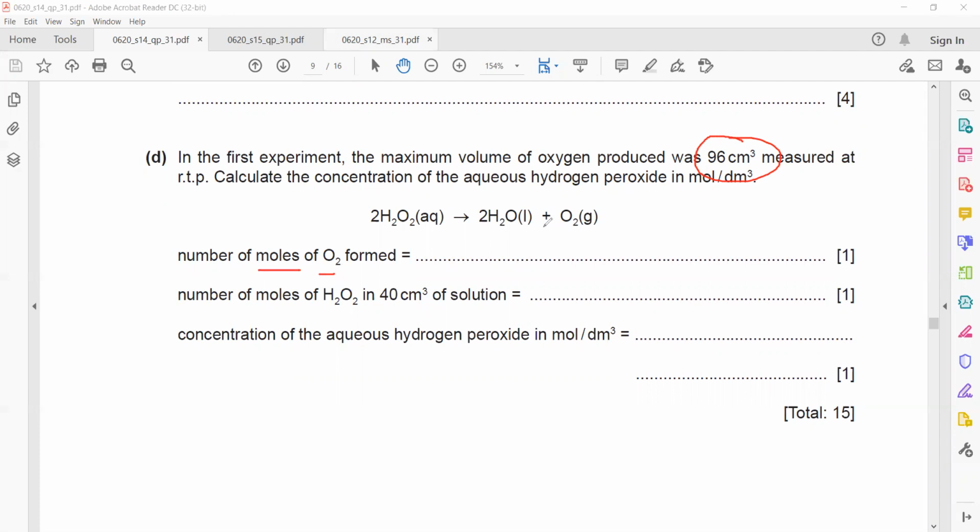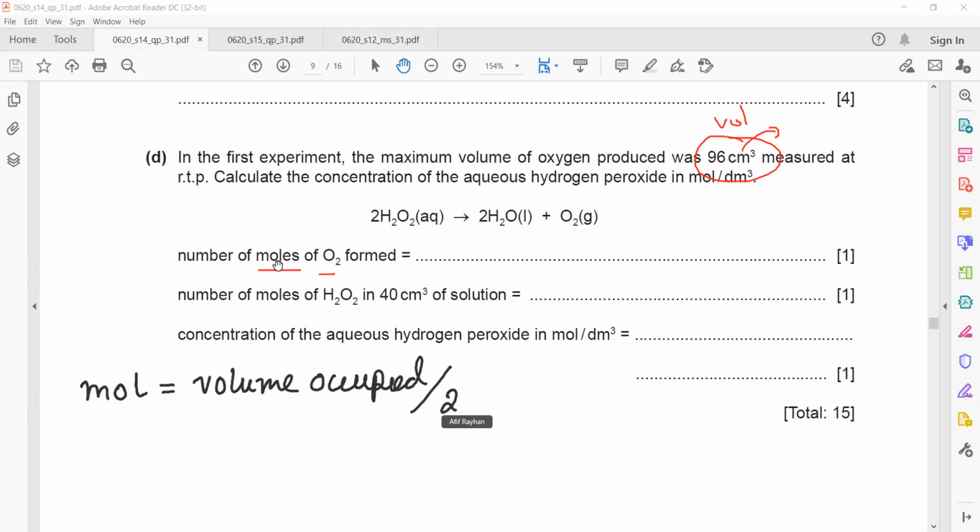Number of moles of oxygen. If we have the volume of gas, how to get the moles from the volume of the gas? How to get the moles? Divide by 24. This volume should be in dm cube. Yes, volume occupied divided by 24.